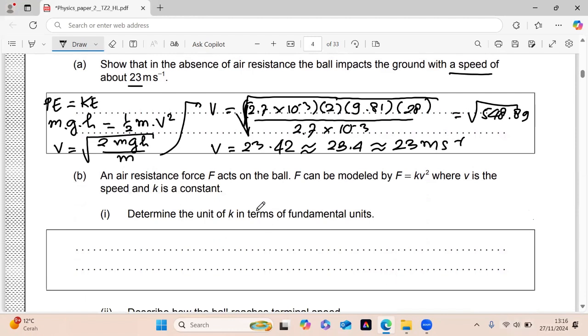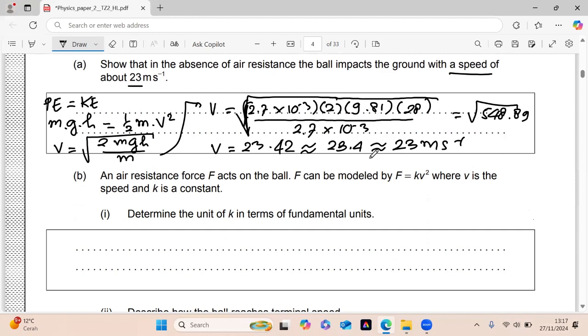Another resistance force acts on the ball. F can be modeled by this equation, F equals k v squared, where v is the speed and k is a constant. Determine the unit of k in terms of fundamental units. Right.